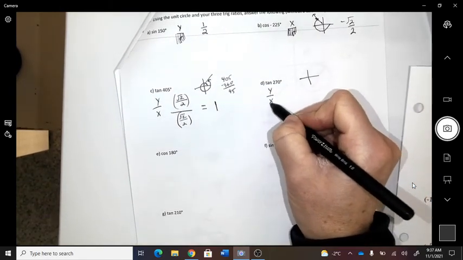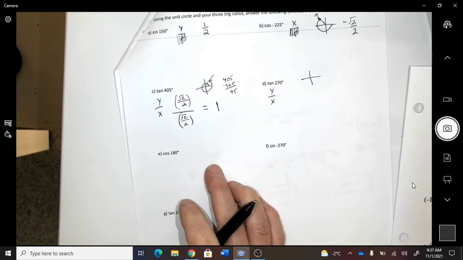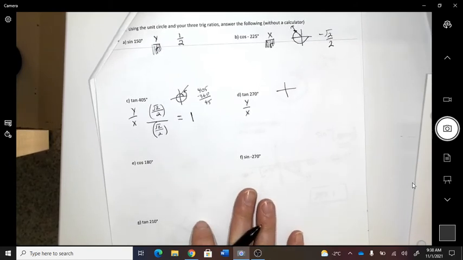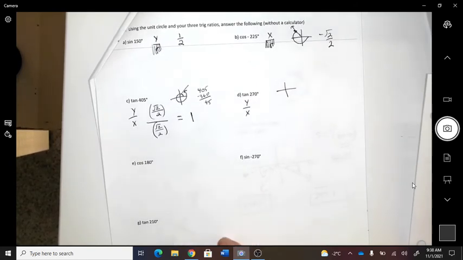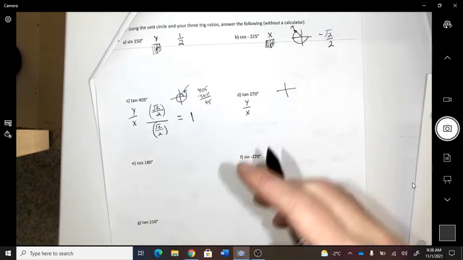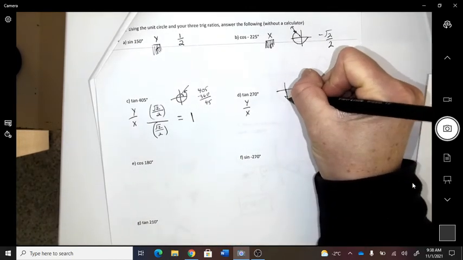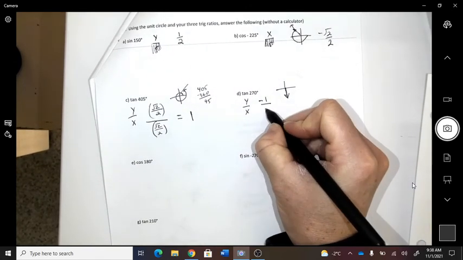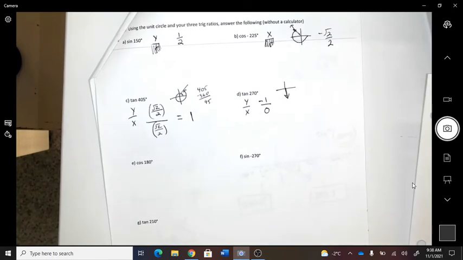Okay, another tan question. So it's going to be a y divided by an x. And don't forget you don't have a calculator on this section, so make sure you're practicing without. So 270 is down at the bottom here. So I'm going to write the y, negative 1, divided by the x.